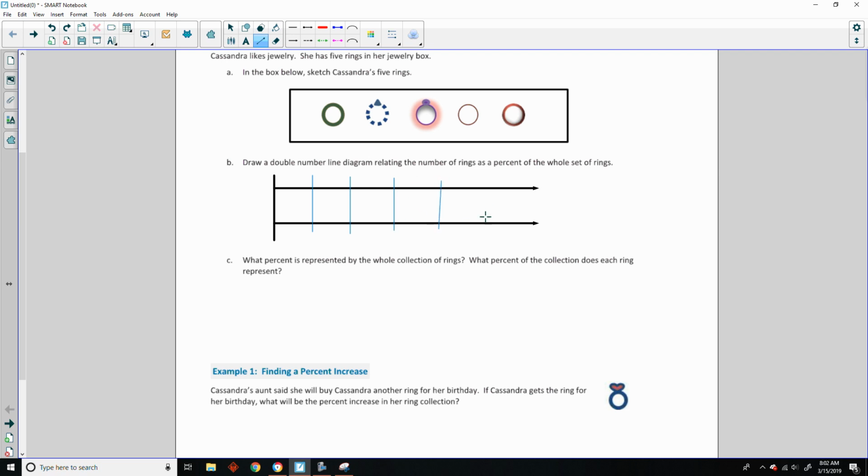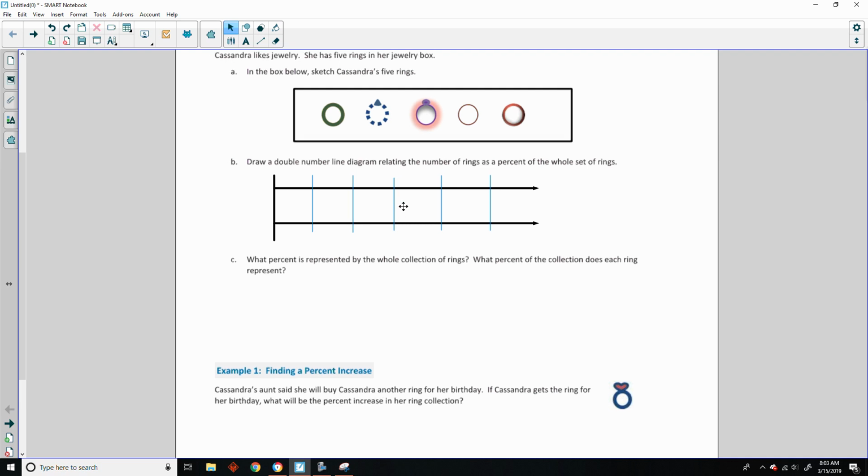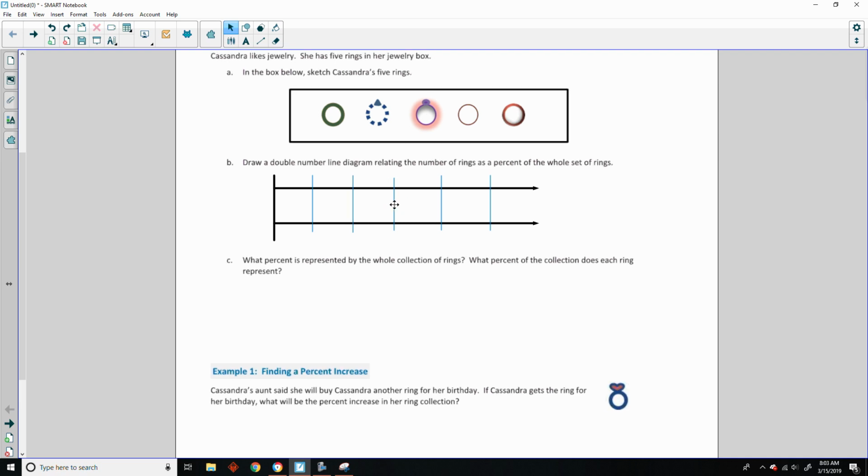It's kind of tough to do electronically. And how many rings do we have? 5. So 1, 2, 3, 4, and then 1 more. And then I'm going to try to space these evenly.